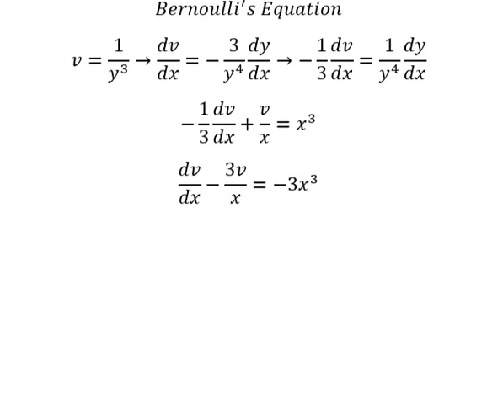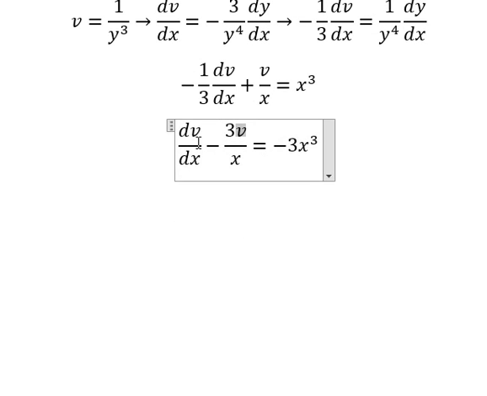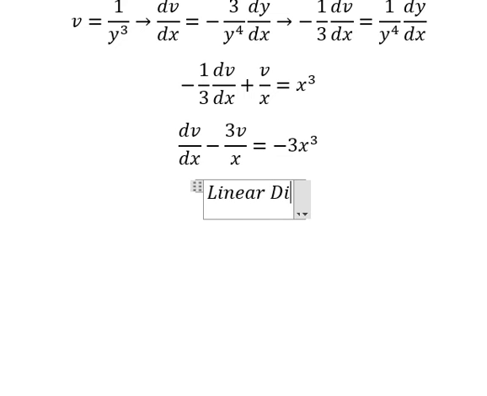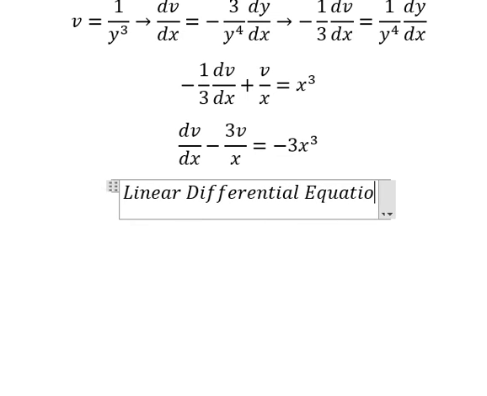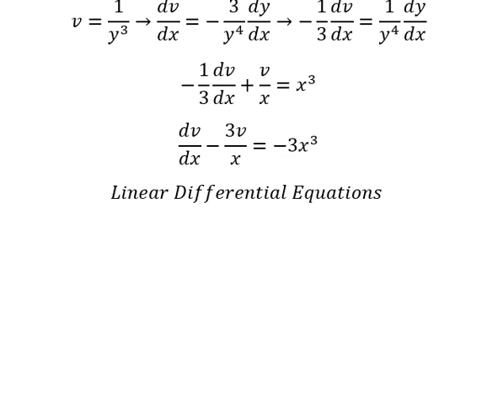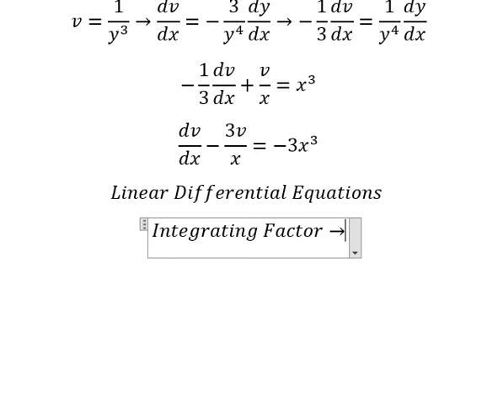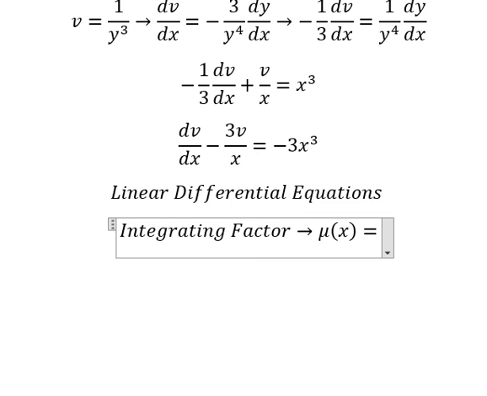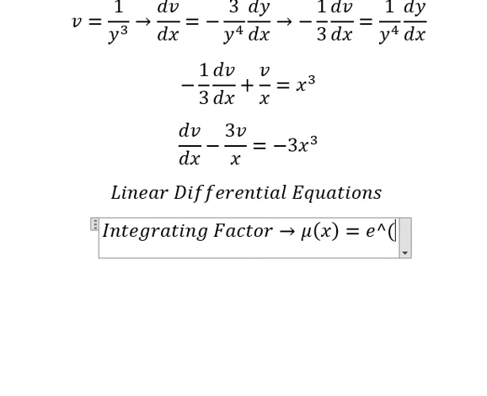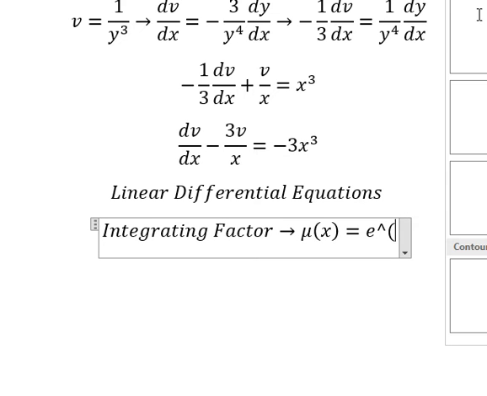Next, we have v and the first derivative of v, which is a linear differential equation. So I will use the integrating factor. We need to find mu of s equals e to the power of the integration.